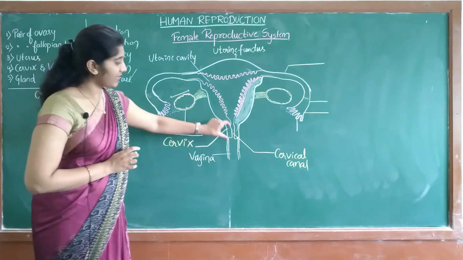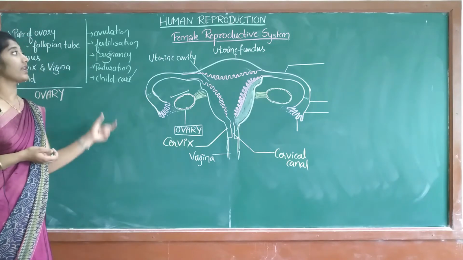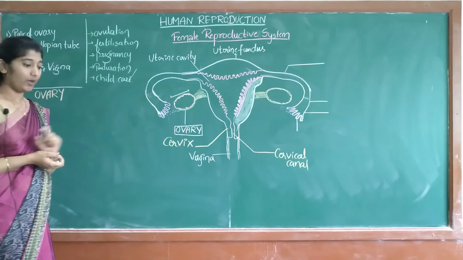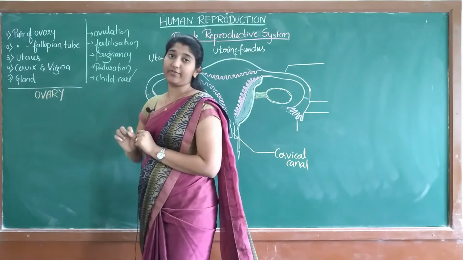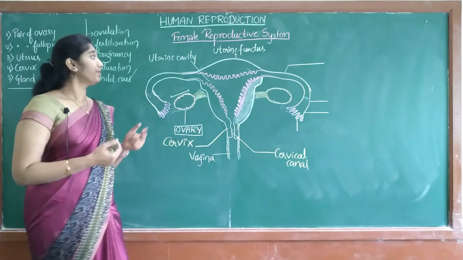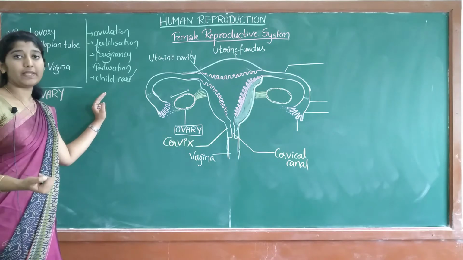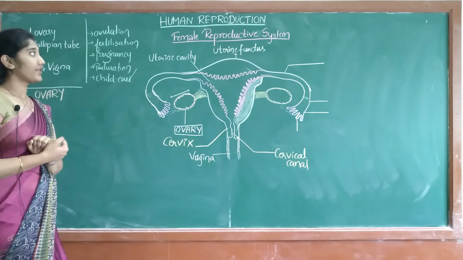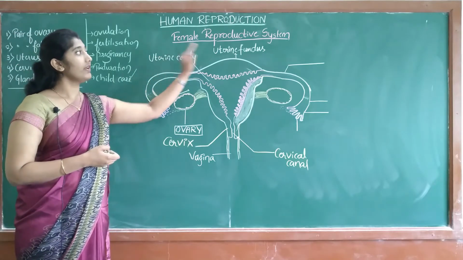This is the cervix and this is the vagina, and some glands are also associated with the female reproductive system. All the glands and all the parts of the female reproductive system are integrated functionally and structurally so that the processes take place easily. Next, we will study the female reproductive system in detail.